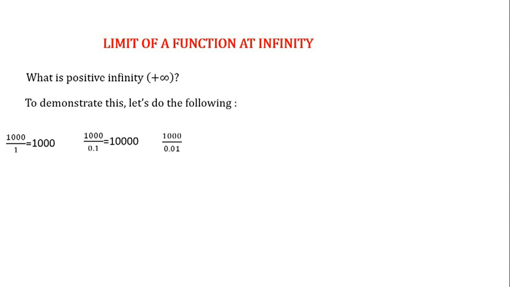That same 1000 divided by 0.01, we have 100,000. That same 1000 divided by 0.001, we have 1 million. And that same 1000 divided by 0.0001, we have 10 million. So what do you notice?